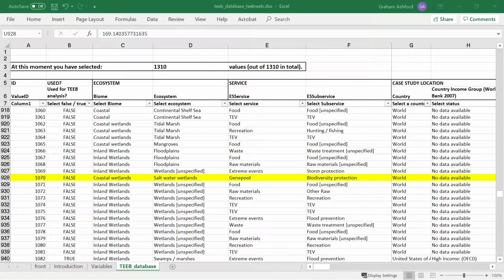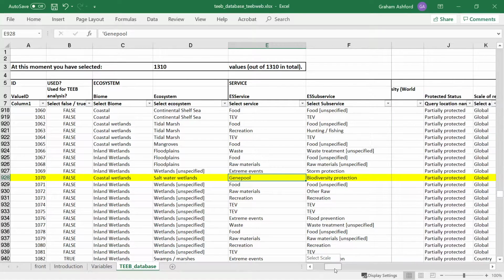So for instance, here I found one. I'm quite excited. I've got this coastal wetlands. That sounds just like what I want to value, coastal wetlands. And I'm interested in carbon sequestration, but okay, well, wait a second. This particular study, maybe it's not going to work out so well because what they were valuing is different. They were valuing biodiversity protection and the preservation of the gene pool.